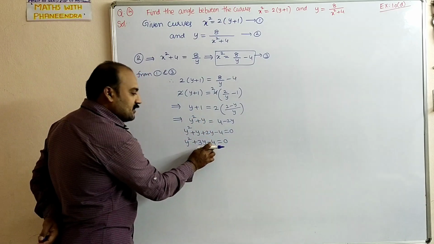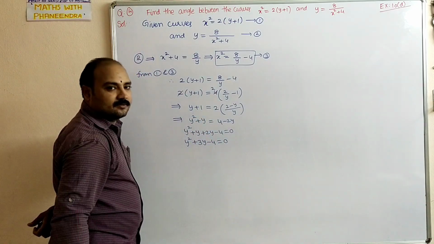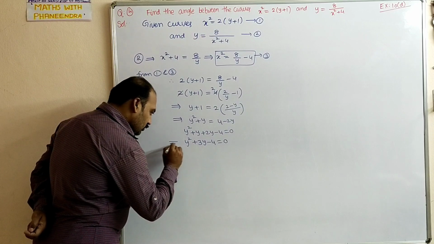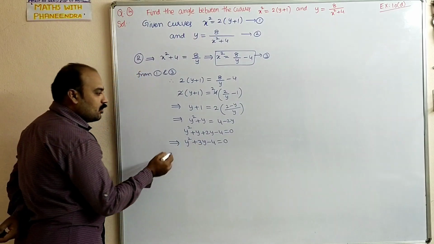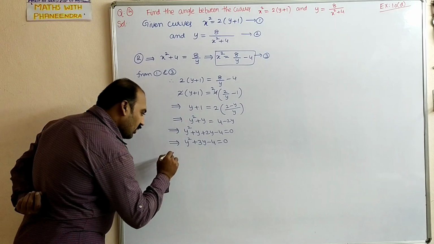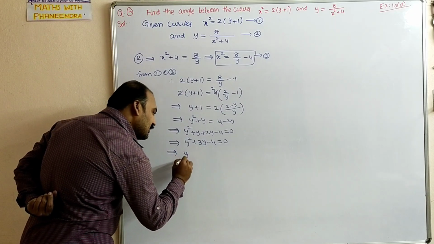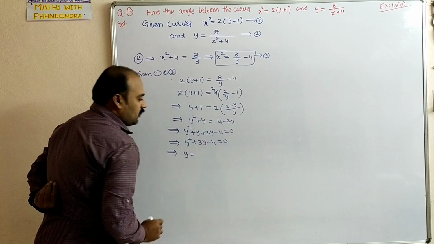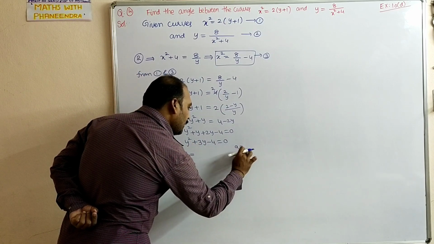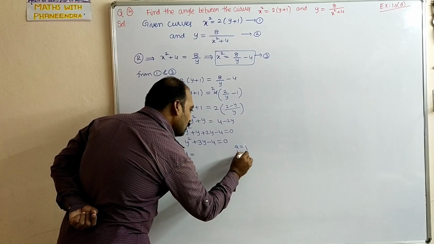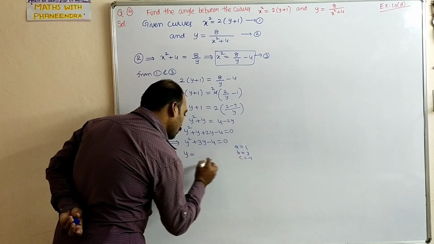So now here 4 is there, we can write it as 2 into 2. So 3y can be written by factorization, you have to do that. Or y is equal to minus b plus or minus, you can go. a is equal to 1, b is equal to 3 and c is equal to minus 4.